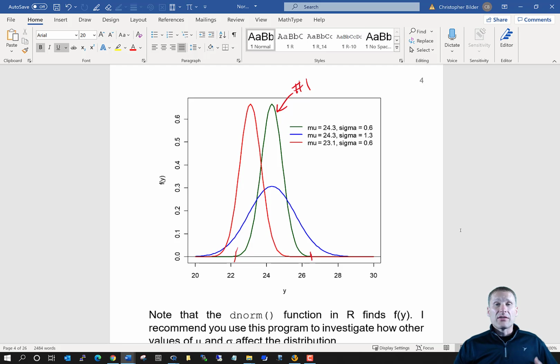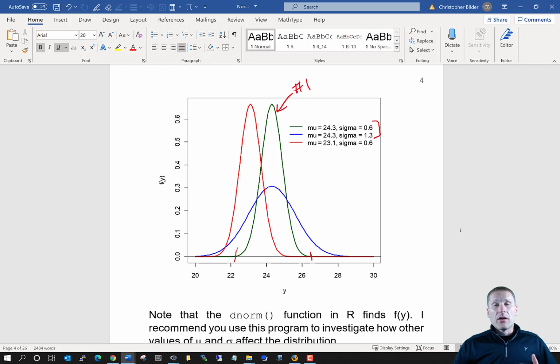because the area underneath the curve there is very, very small. Now let's compare this to the line that's in blue. Same mean, but different sigma. Now sigma is going to be 1.3, so it's going to be larger.